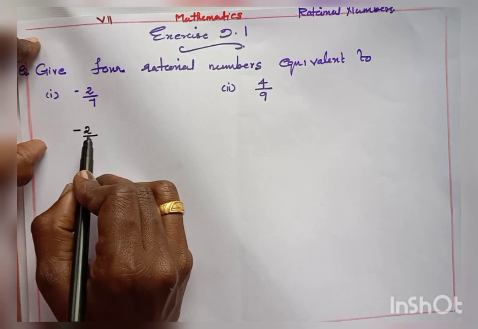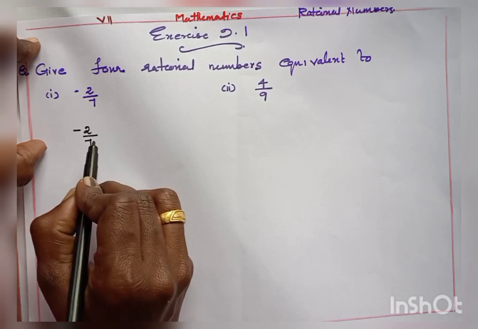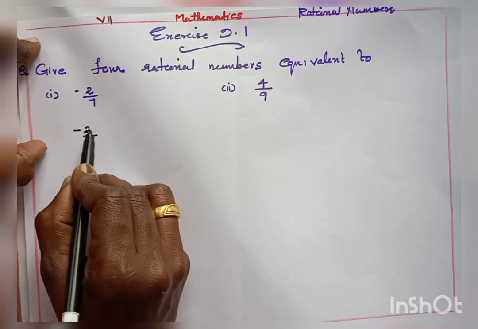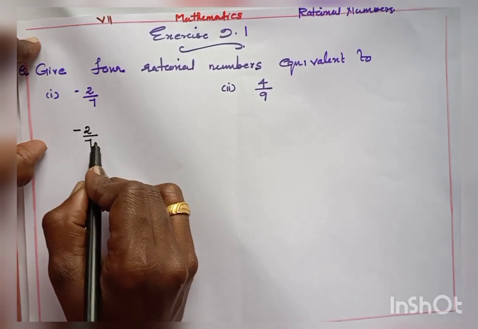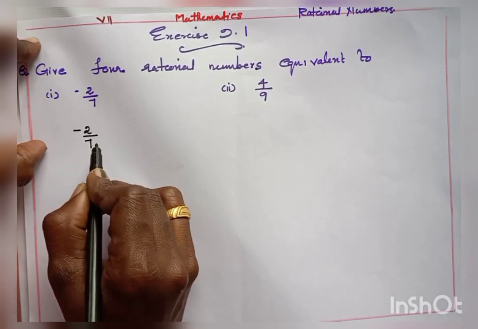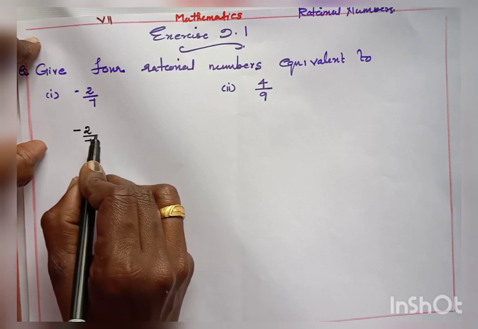We know minus 2 by 7. There is no common factor of 2 and 7, only 1 is the common factor. So we can multiply both numerator and denominator by any non-zero integer.